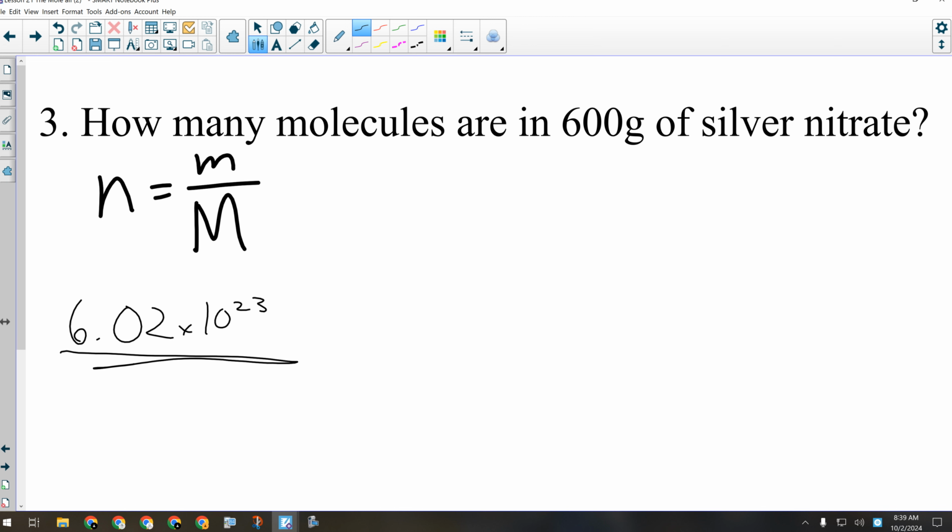Technically it's how many particles, because if you were dealing with an element, those particles would be atoms, and if you're dealing with a compound, the particles would be molecules. But it tells you how many of whatever are in a mole. So if I could calculate how many moles I have, could I use that number and this number to calculate the number of molecules? What would I do with those two numbers mathematically?